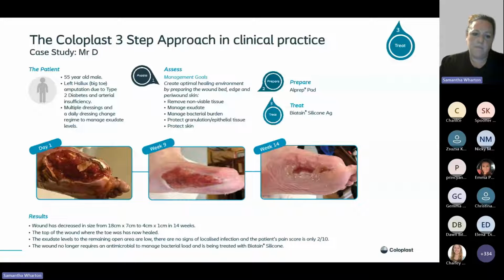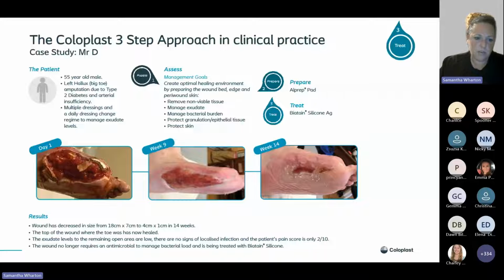So it really was a touch point at which he was going to potentially lose more of his foot. But as you can see, by week 14, the change in that wound for a patient with type 2 diabetes and arterial insufficiency who was potentially looking at a further amputation, and to get that result within 4 weeks, again, it just shows what can be achieved with this assess, prepare, treat.